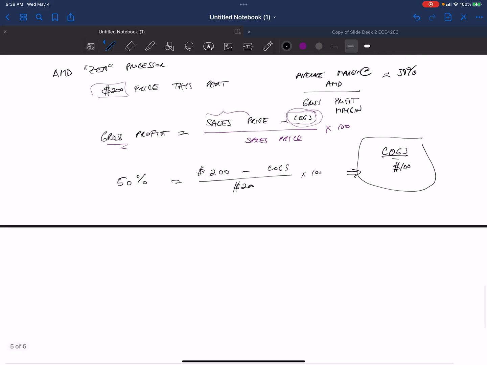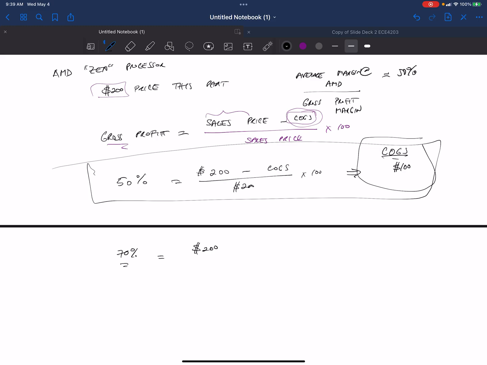If this had a 70% margin, this would be 200 minus cost of goods sold over $200 times 100, and the COGS in this case would end up being $60.